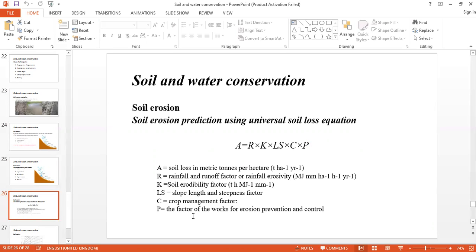When we start to look at the different soil conservation measures, you should be able to relate them to this equation, to say which parameter it is affecting. Is it affecting the C factor, the P factor, or the LS factor? Then you should be able to explain the mechanism with which it's reducing soil erosion.